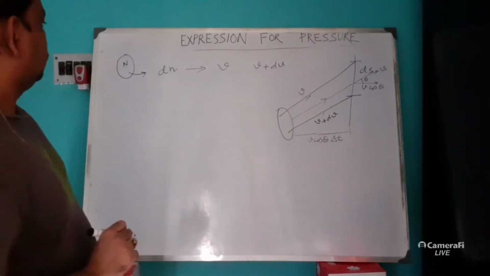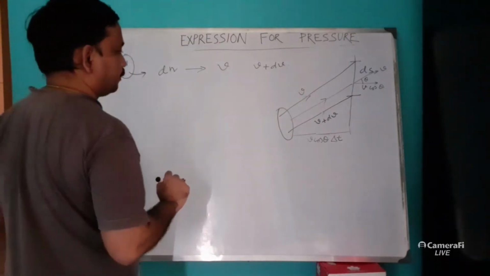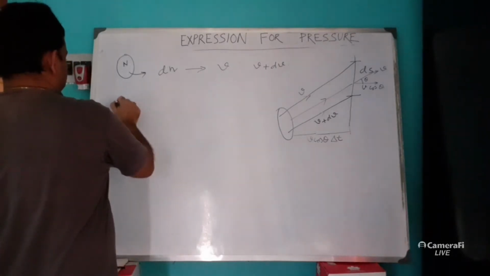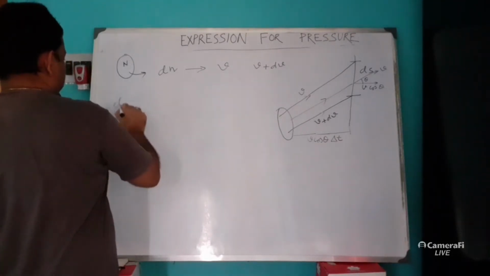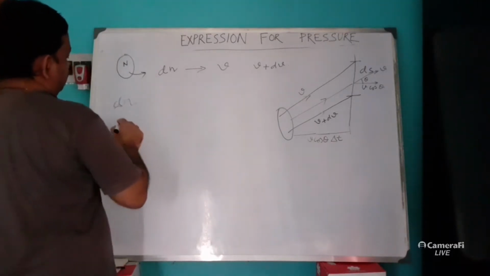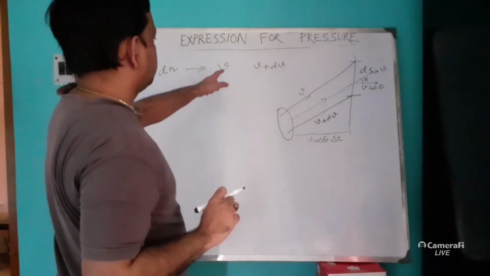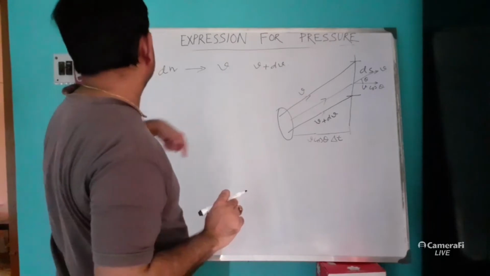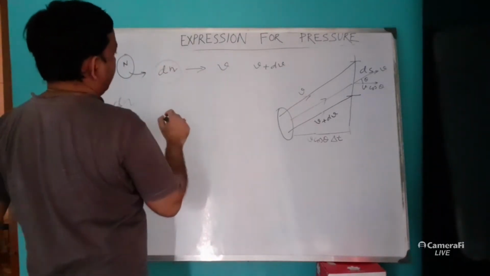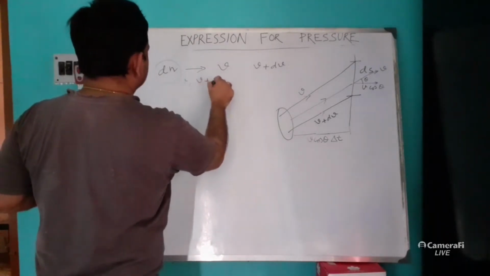So we can write dN, the molecules that are having the velocity in the range v and v plus dv, and this dN is a fraction of molecules which are having velocity v and v plus dv.